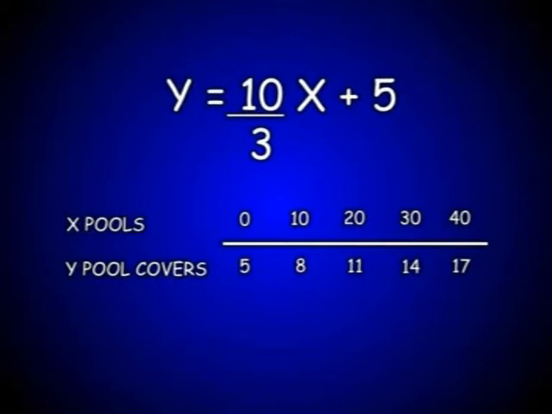The reason it's 8 is because 3 pool covers for the 10 pools plus the 5 pool covers already sold. When X is 20, we will sell 11 pool covers. When X is 30, we will sell 14 covers. And when X is 40, we will sell 17 pool covers.